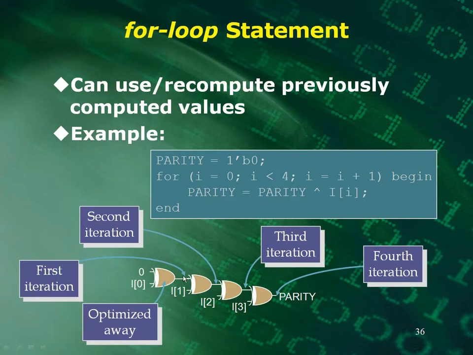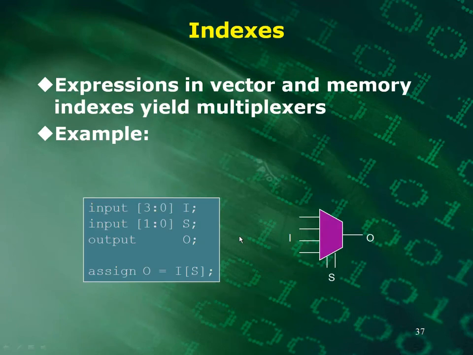So anyway, this is the output from your first iteration right here. Then that for the next loop is actually going to get used in the second loop. Okay, and then you get your second iteration, third iteration, and then finally your fourth iteration. So this is not the way I do parity, but this is just an example of how you can use the for loop.